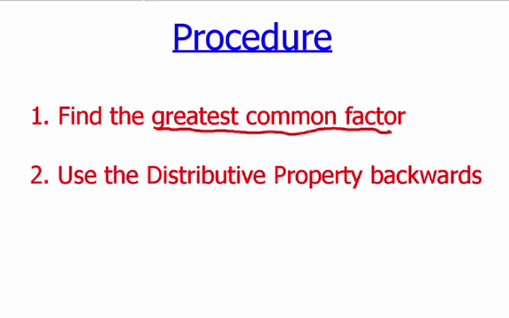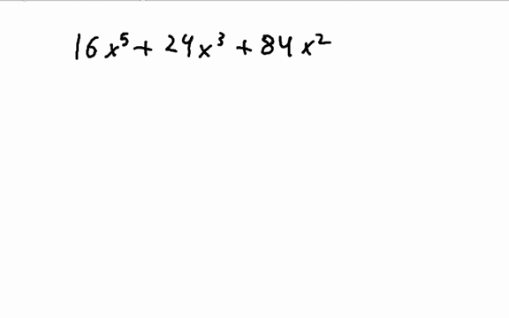So if we look at a problem like this one, we've got 16x to the fifth plus 24x cubed plus 84x squared. So we want to look at this and think, what is the greatest common factor here?